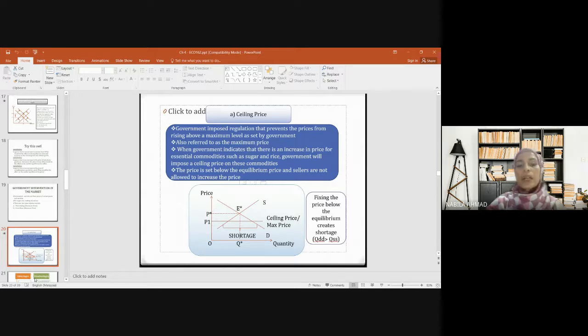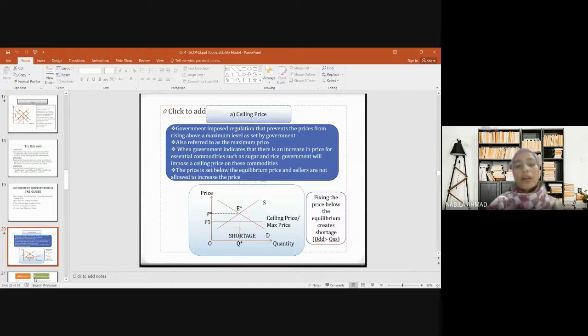Barang-barang jenis essential commodities lah, macam sugar, rice, banyaklah ayam, chicken, fish, ada kita panggil sebagai price ceiling. Macam sekarang ni kita ada test kit untuk swab untuk COVID, COVID test kit itu juga ada maximum price atau kita panggil sebagai price ceiling lah.